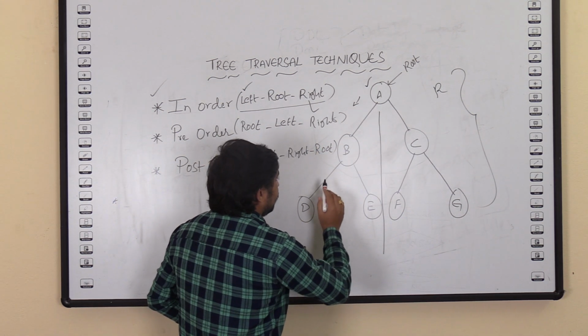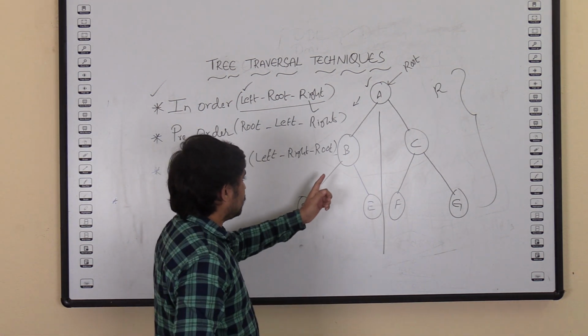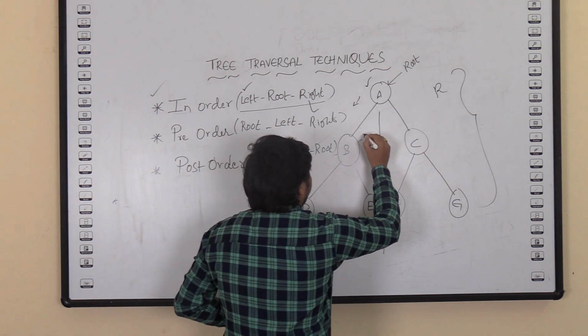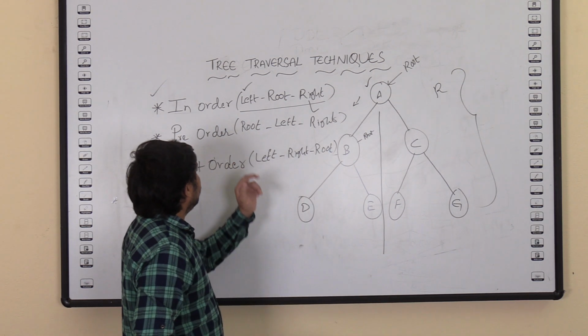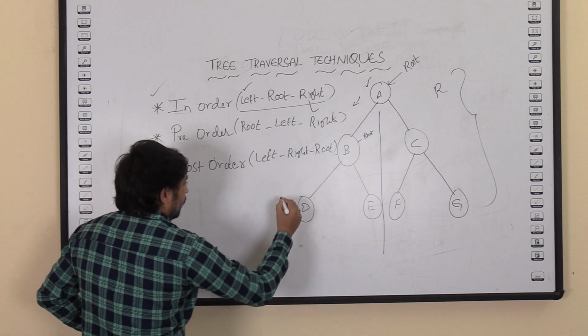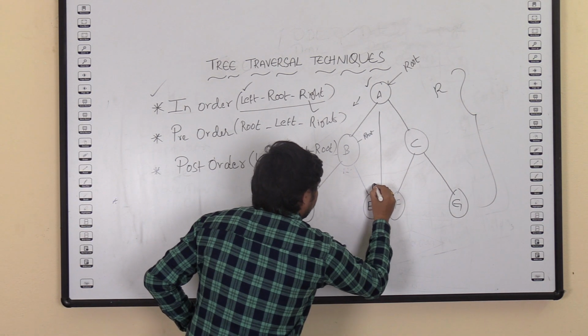In this condition, this node has two children. These two children act with B as another root node. In the in-order technique, it will be represented as first left, root and right.